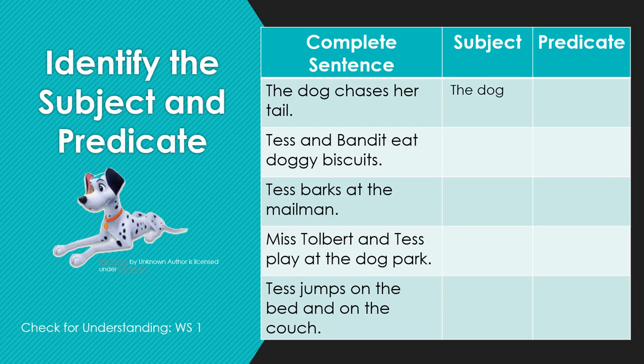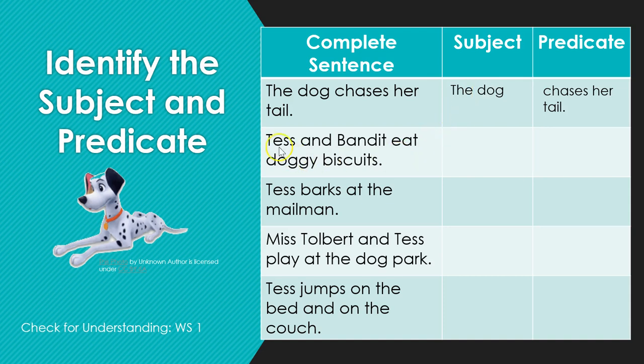So the subject is followed by a predicate, and that shows the verb. What word shows us an action, the verb? Chases. Chases her tail would be the predicate. It shows us the action of the sentence.